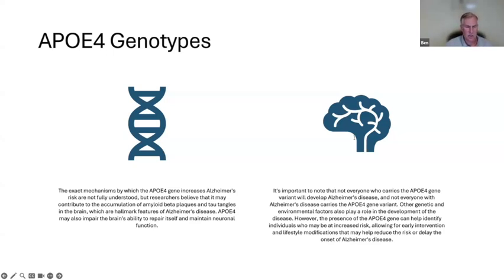So I guess those Australians are in luck. I don't know. Again, the exact mechanism by which the APOE4 gene increases Alzheimer's risk is not fully understood. But researchers believe that it may contribute to the accumulation of amyloid beta plaques and tau tangles in the brain, which are hallmark features of Alzheimer's disease. And APOE4 may also impair the brain's ability to repair itself and maintain neuronal function.